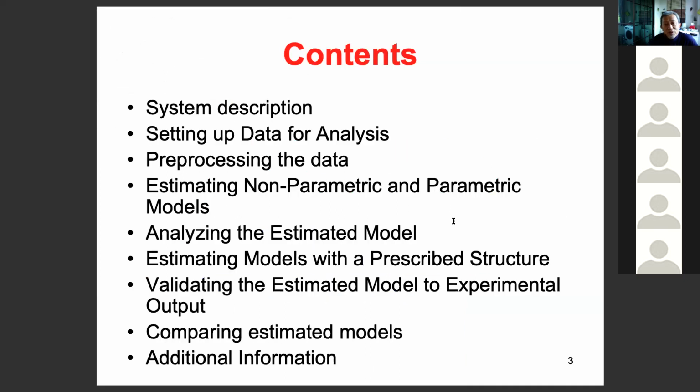So the descriptions is for these presentations, we'll touch on the system descriptions, setting up data for analysis, pre-processing data, estimating non-parametric and parametric models, analyzing the estimated model, estimating models with a prescribed structure, validating the estimated model to experimental output, comparing estimated models and additional information.